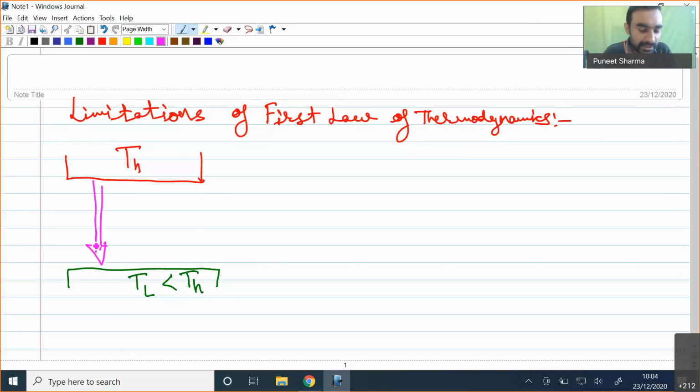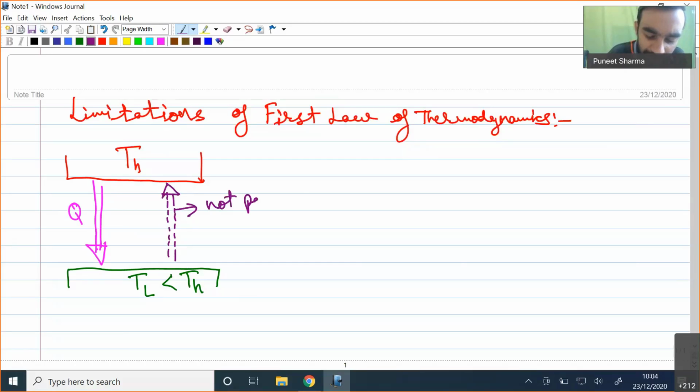In this direction, we may have flow of heat. However, if I have to transfer the same amount of heat, or any amount of heat, in the opposite direction, that particular process is not possible. So this reverse is not possible.